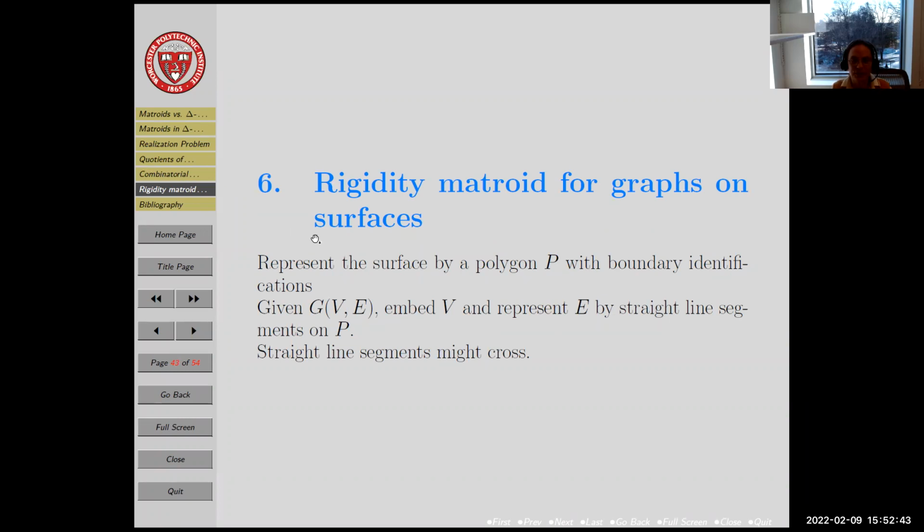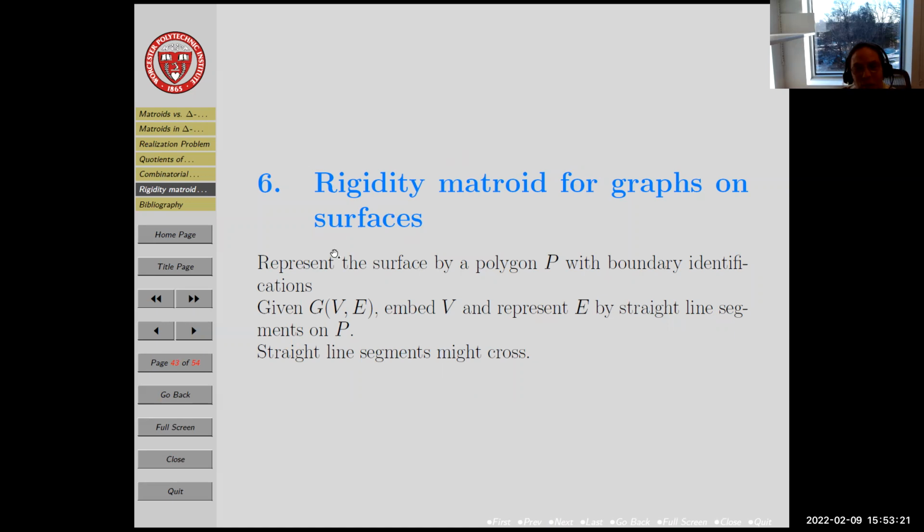I want to now use these ideas to get a little bit further. This is what we are thinking about at the moment. If we look at the rigidity matroid for graphs on surfaces, so far all the methods have been using some sort of machinery coming from actual embeddings and looking at constraint systems in differential equations and all of this.